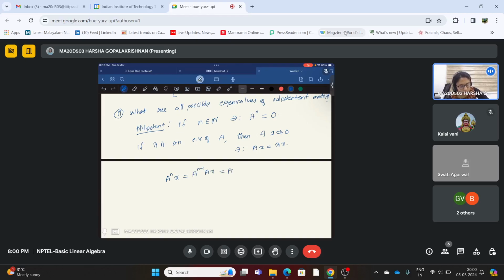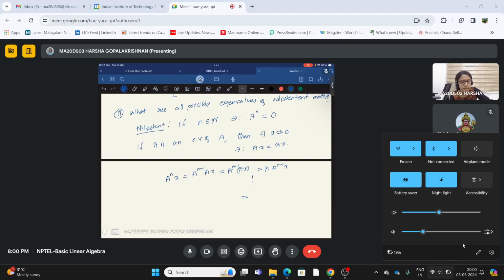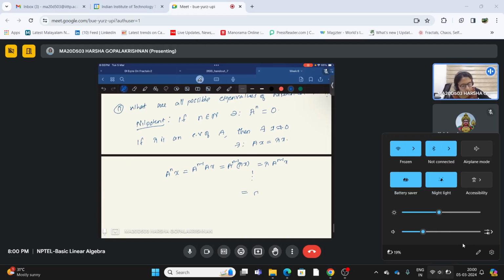What is this? A power n minus 1 into lambda x, that is lambda times A power n minus 1 x. So this way we can repeat. So what will be the final answer? Lambda power n into x, right?